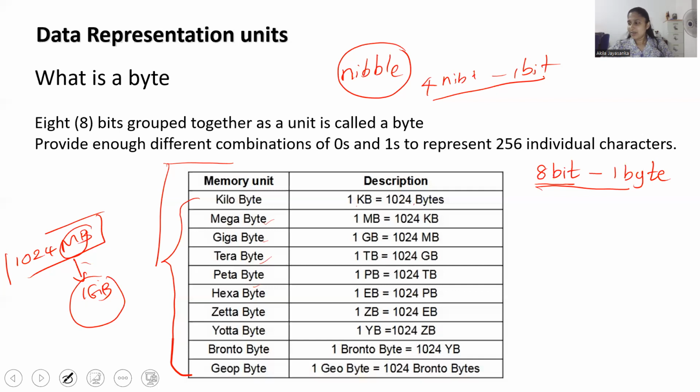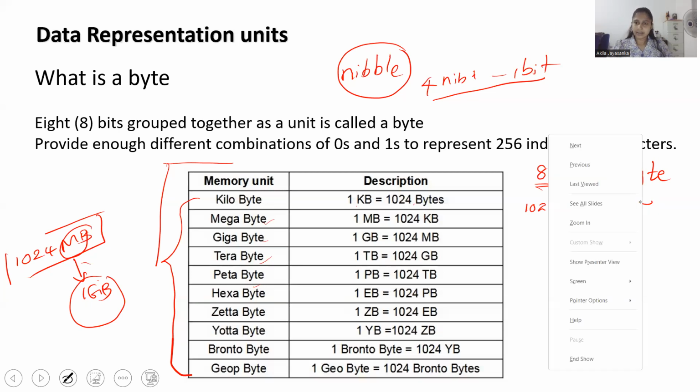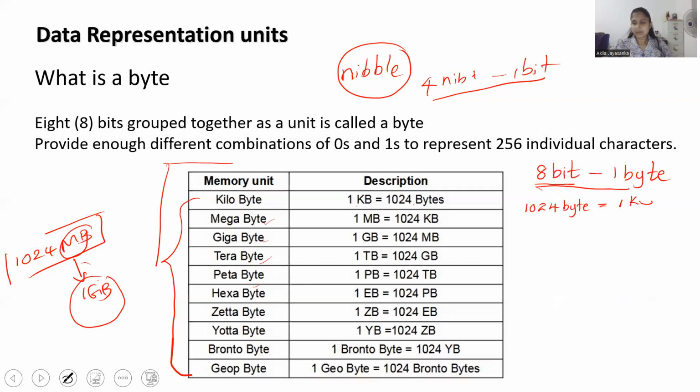Okay, then 8 bits we can consider as 1 byte, and 1024 bytes we can consider as 1 kilobyte, right? Clear? I think up to this point is very clear for you.